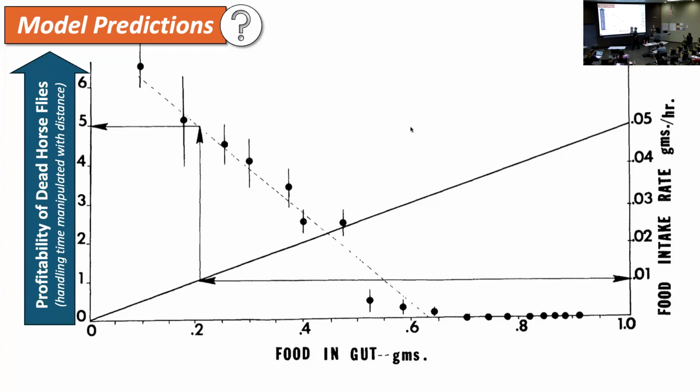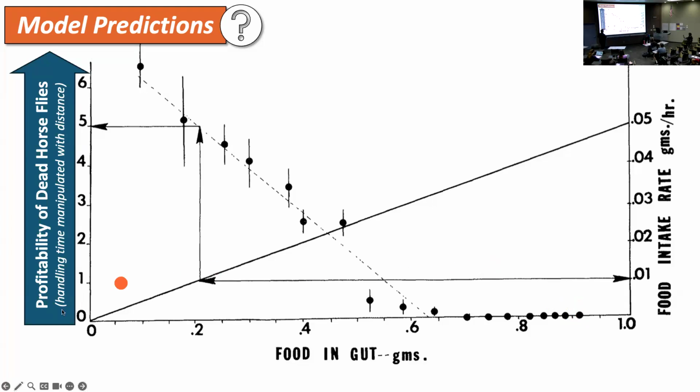And effectively this is profitability. So this here represents a horsefly that is very close to the mantid. This down here represents a horsefly at an intermediate distance from the mantid. And this right here is a horsefly that is very far away from the mantid. So you can give the mantid these dead horseflies over and over again, and then you can see how much food the mantid has ingested.